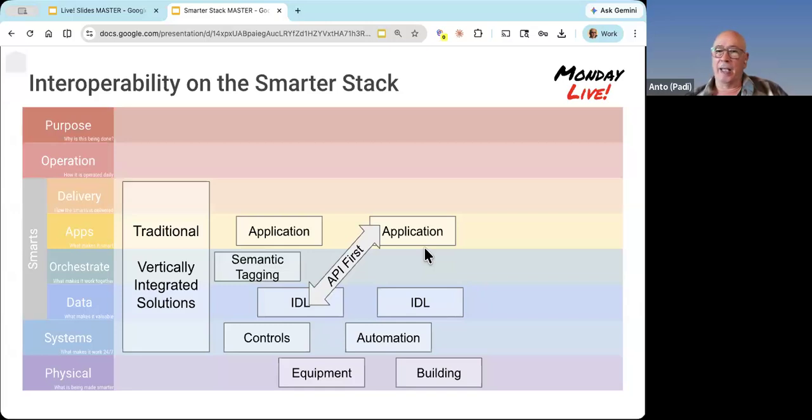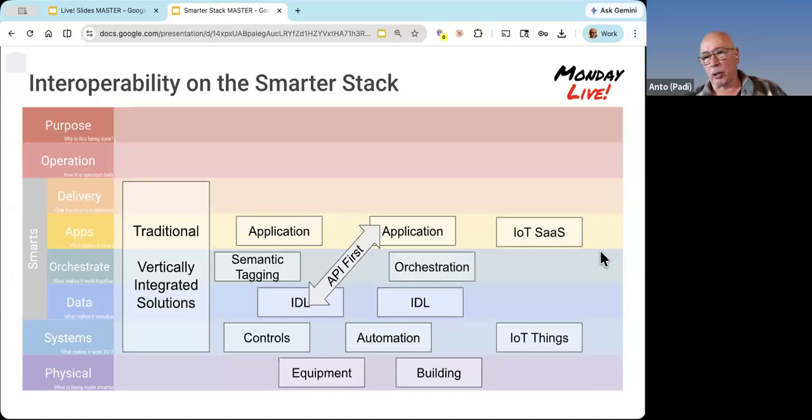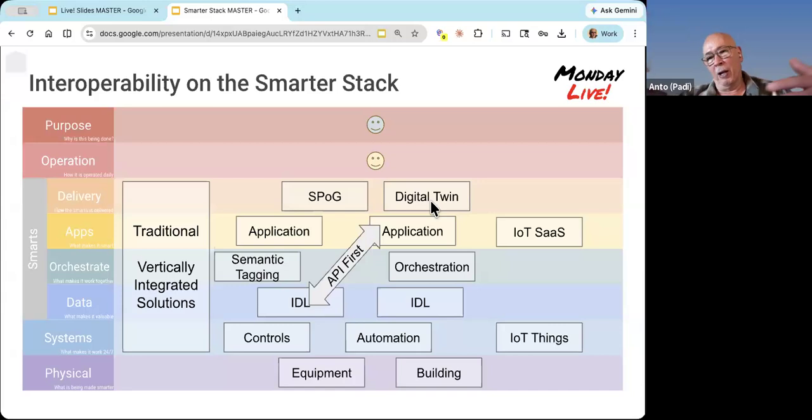You can put semantic tagging there. You can create other systems, bring in other systems, and bring in orchestration. You can start to think about single pane of glass and things like digital twin, which is a way of delivering that information to the two types of users, right?